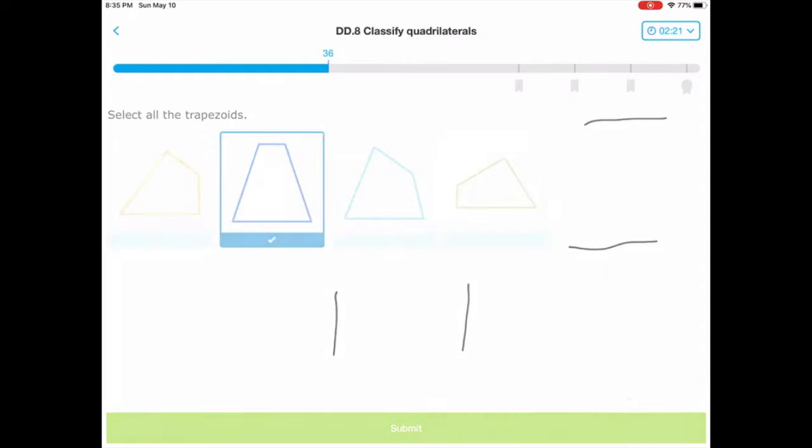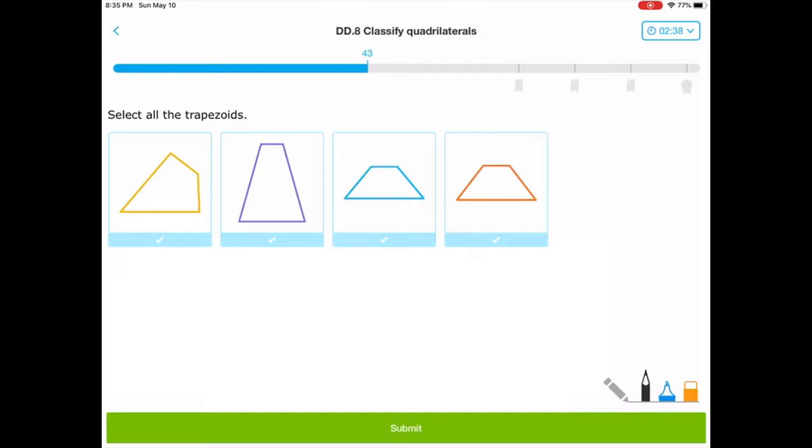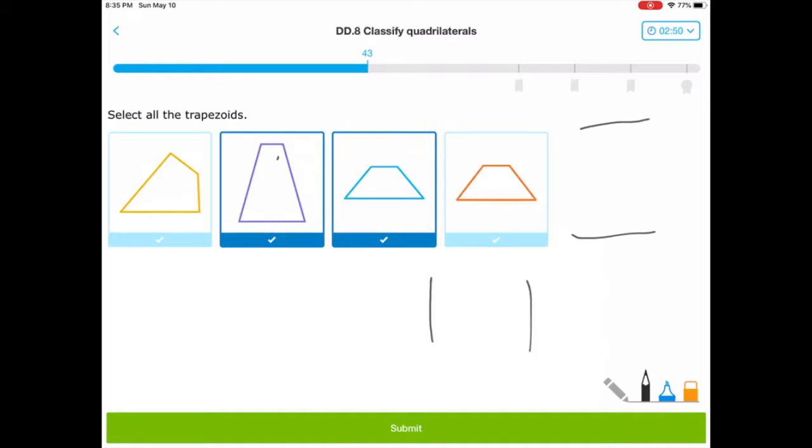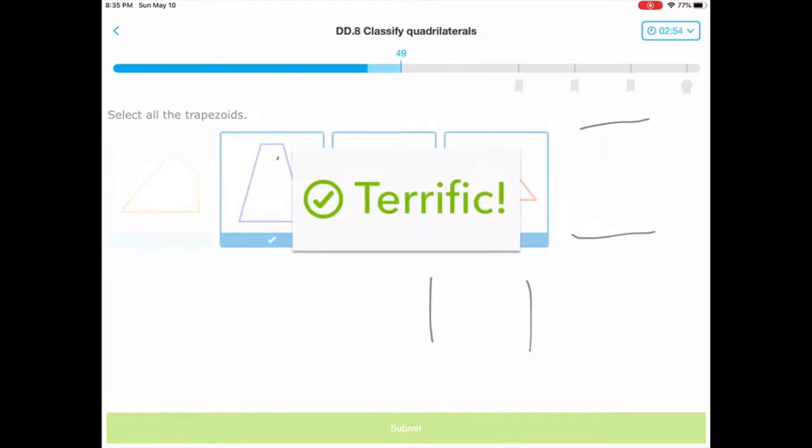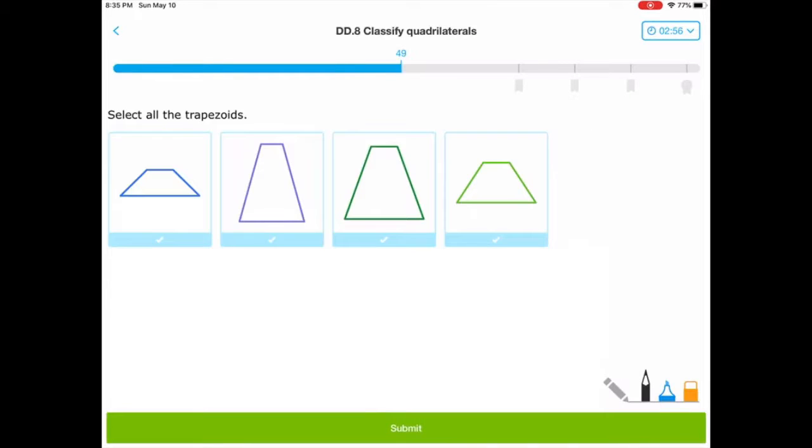Let's see if we missed any. Good, there we go. Another trapezoid question. We need two parallel lines, two lines that are not touching and are completely equal like this. Let's see, we got that. This one looks like it works, and this one looks like it works. Let's check it. Good.